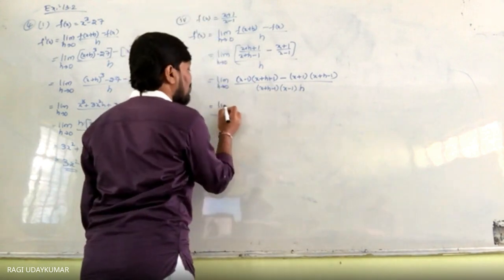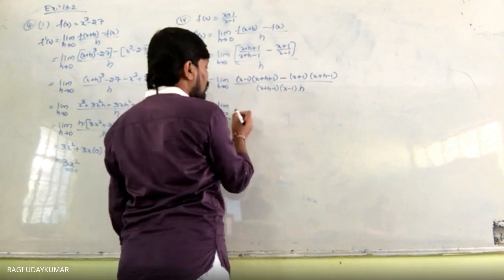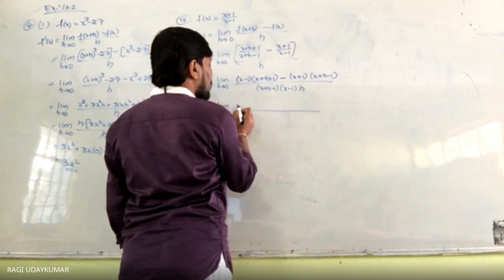So limit h tends to 0. Expand the numerator. Expand the numerator. So expanding the numerator, what you get is x square.